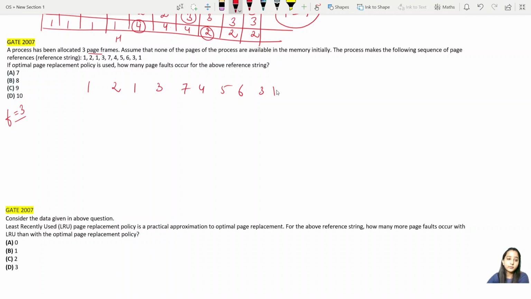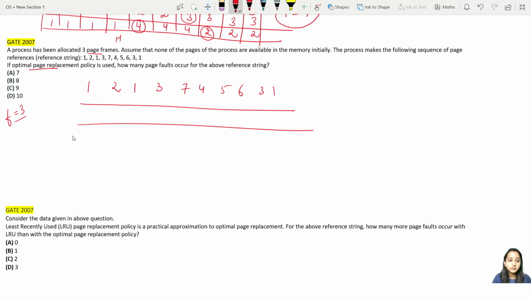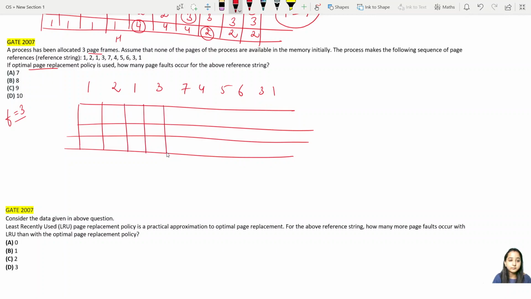So which policy do we have to follow? The optimal page replacement algorithm. How many frames do we have to take? 3 frames.